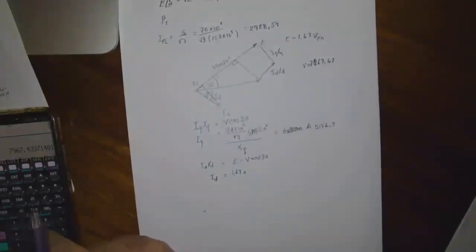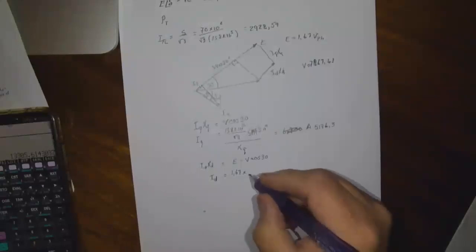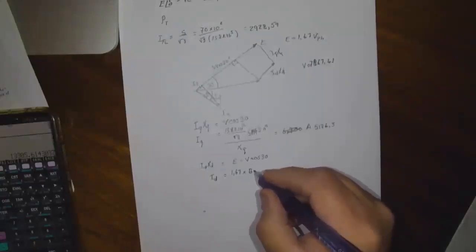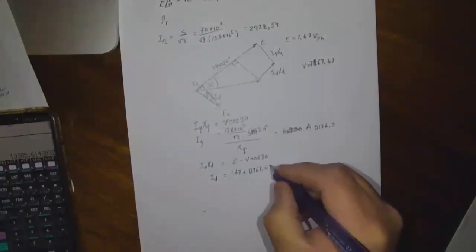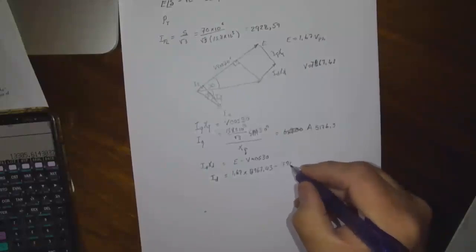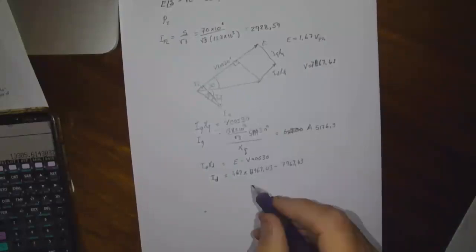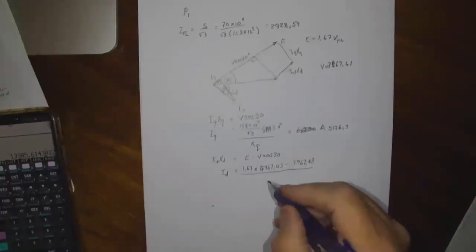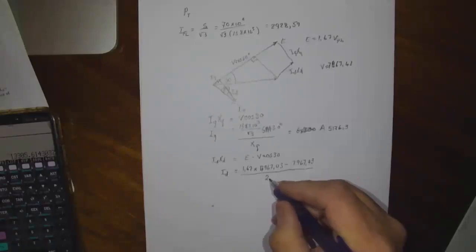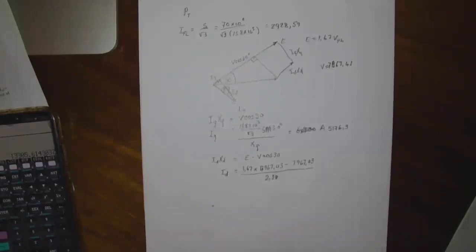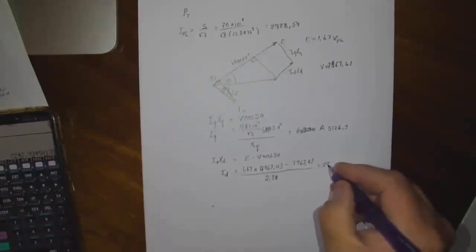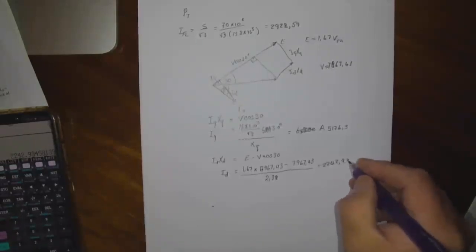1.67 times 7967.43 minus 7967.43, divide by 2.38. I get 2242.93.